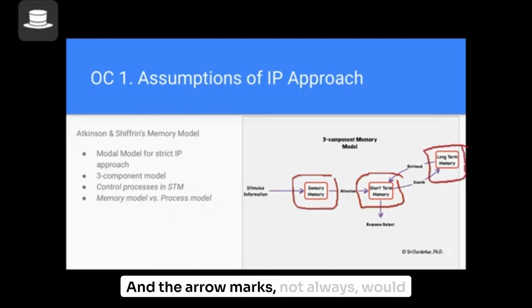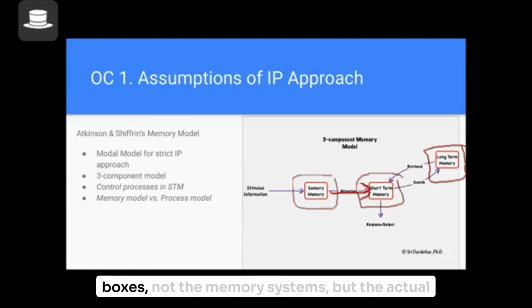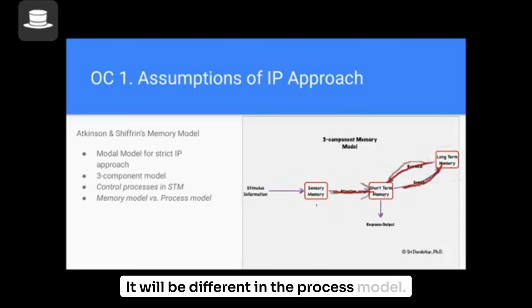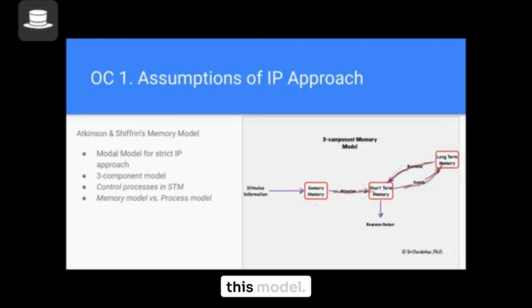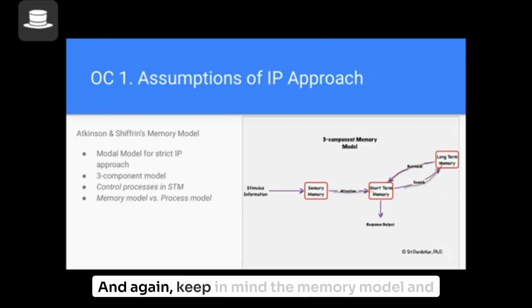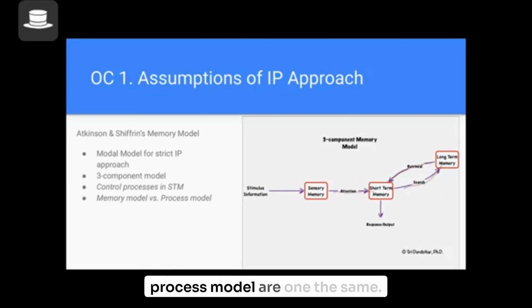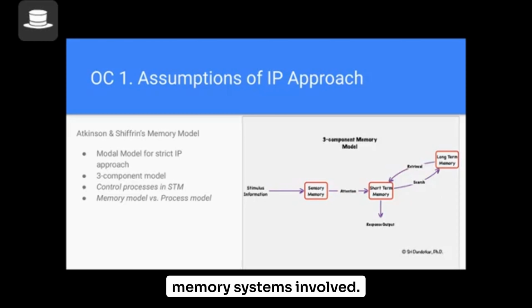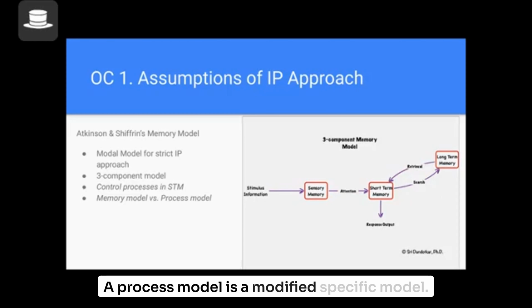And the arrow marks, not always, but usually, represent the processes, not the memory systems, but the actual processes. This will be opposite in the process model. I'll talk about what a process model is in the next slide, and then we'll adapt this model. Keep in mind the memory model and process model are one and the same. A memory model is a general model about the memory systems involved. A process model is a modified, specific model. I'll talk more about it.